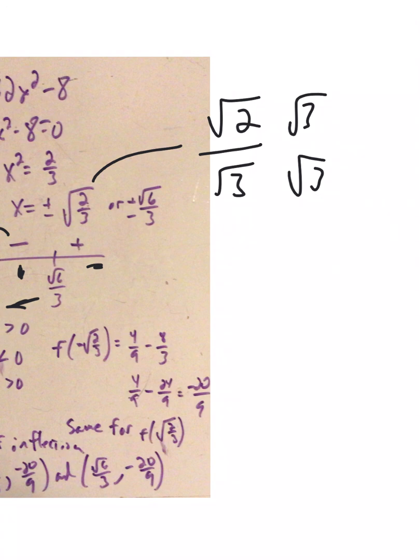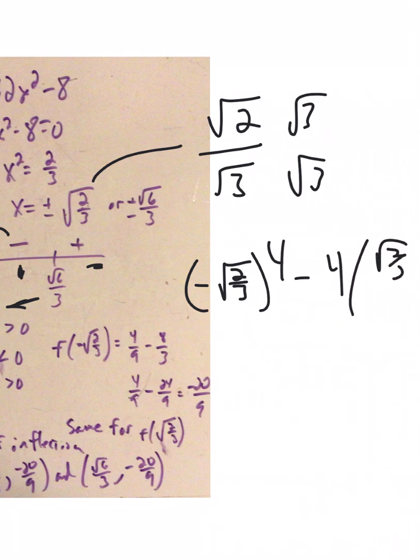So I went back and found, it was x to the 4th, so the negative square root of 2/3 to the 4th minus 4 times the square root of 2/3 squared. So this becomes 2/3 times 2/3, which is 4/9, and then that becomes 4 times 2/3, which is 8/3. Made common denominators, got -20 over 9.